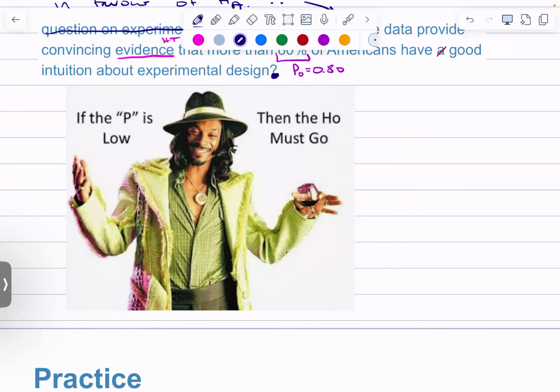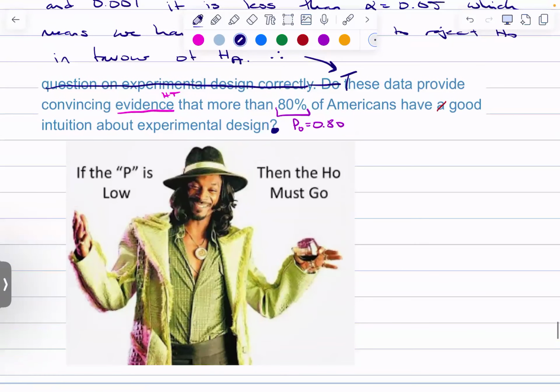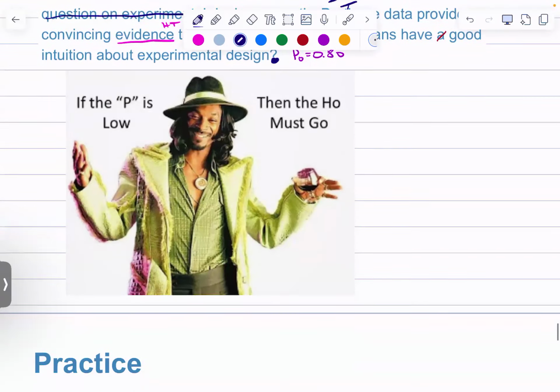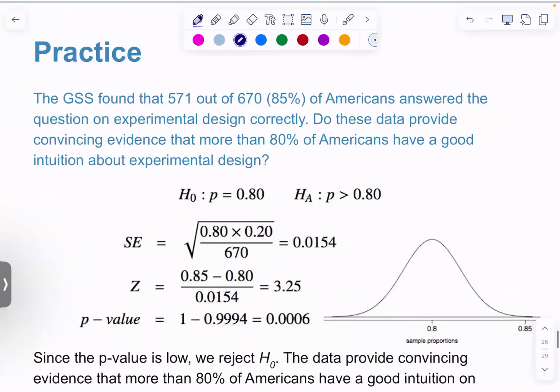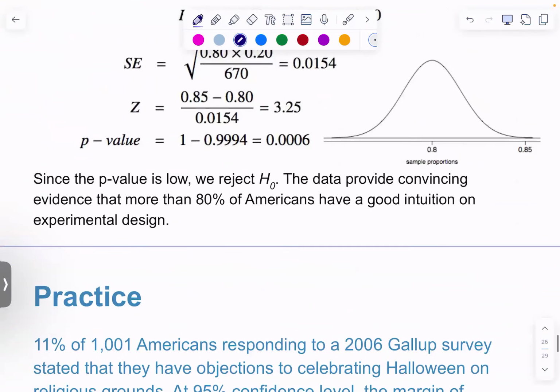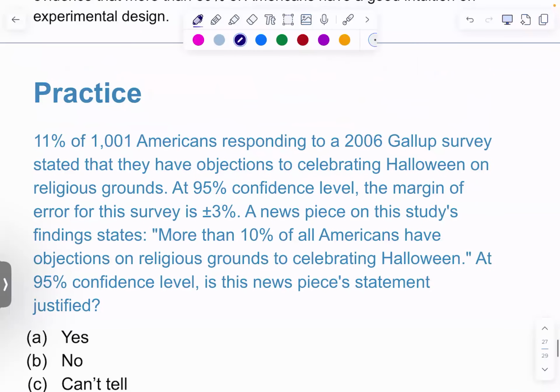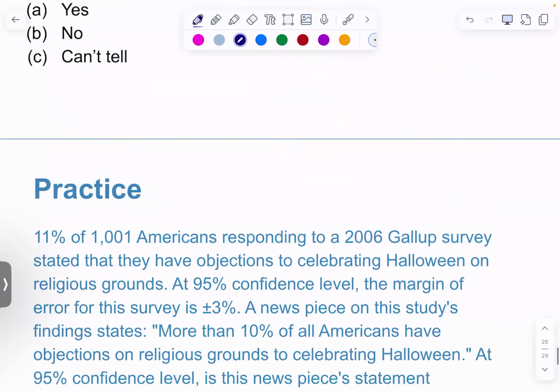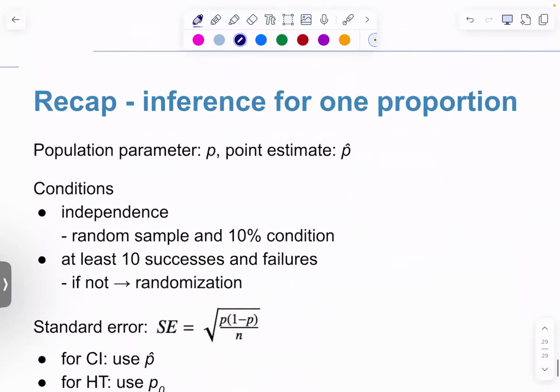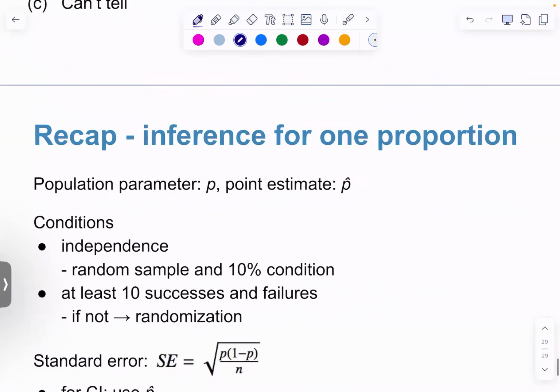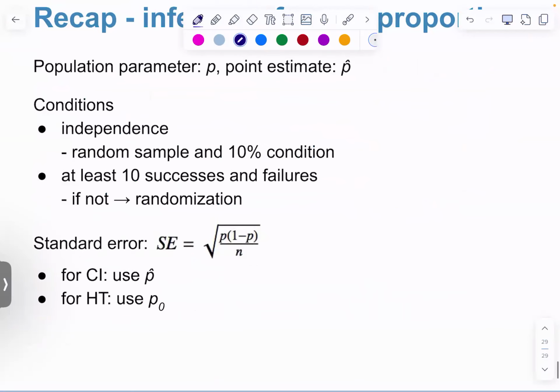Pretty fun. They did the same thing. I'll leave this for you to practice on your own. I think I gave you the answer. And then the recap. And with that, I release you.